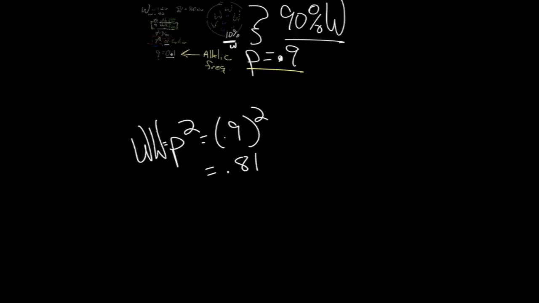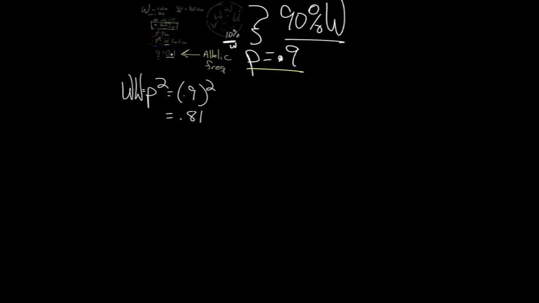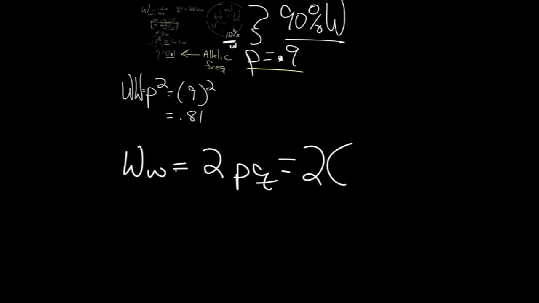Now, what's the other genotypic frequency you can figure out? The heterozygote, which is equal to 2PQ. That equals 2 times 0.9 times 0.1. Just that simple. 2 times 0.9 times 0.1 is 0.18.